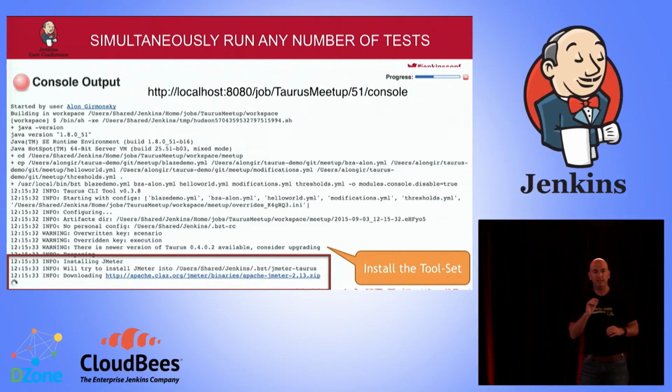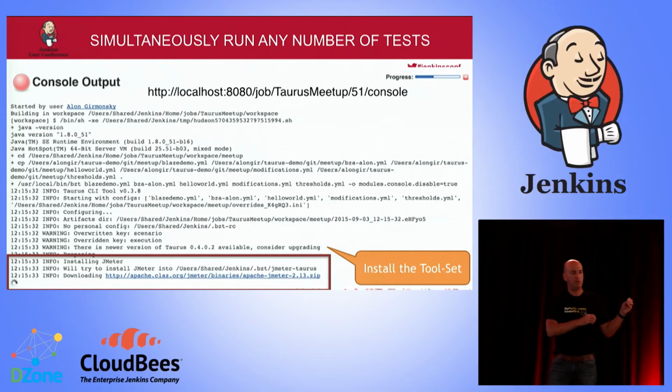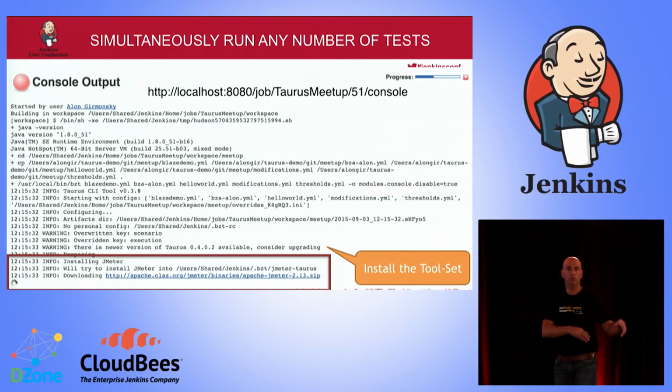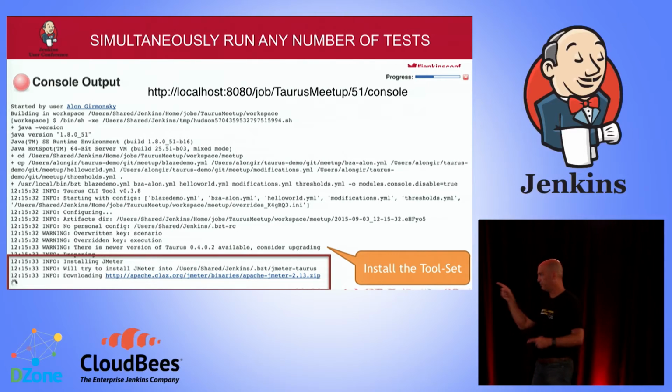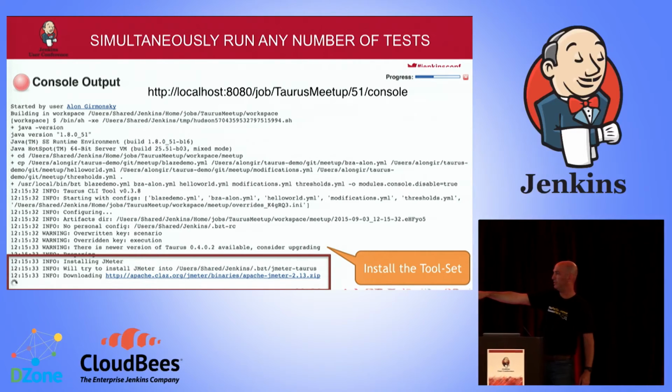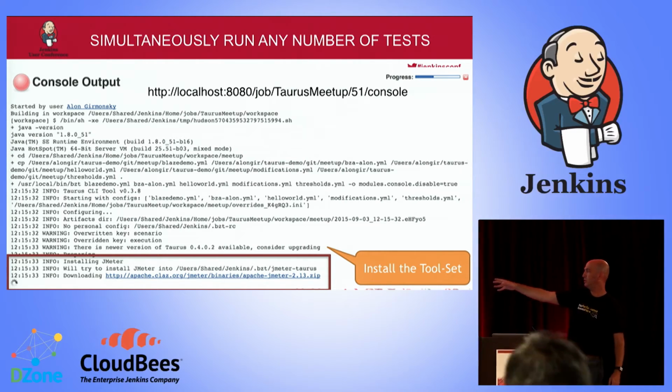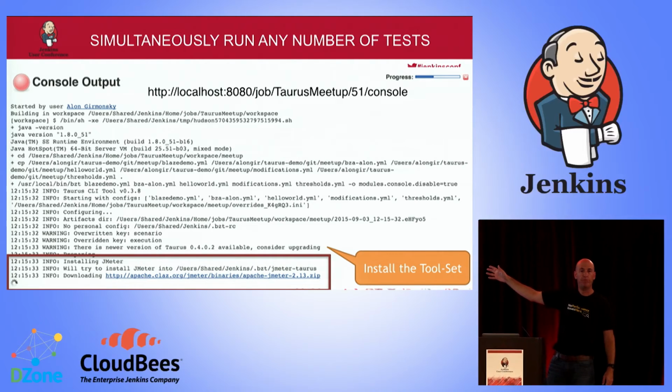What Taurus does, you don't need to have a JMeter installation or Gatling or Locust or all these tools, right? It understands what it needs to install and installs it in real time, assuming it's not there already. So the installation that you see at the end of the last line, downloading something, 2.13.